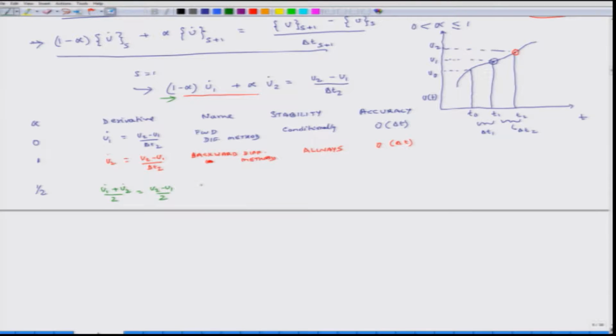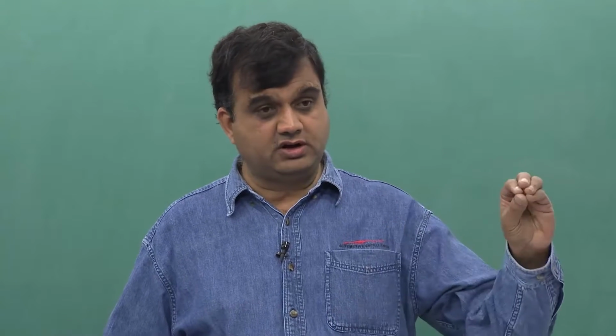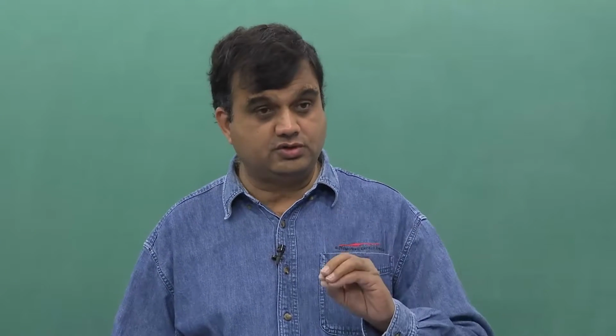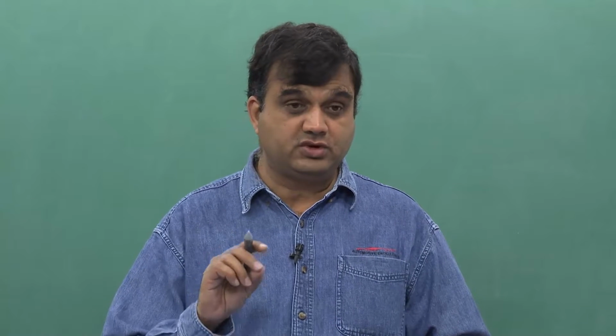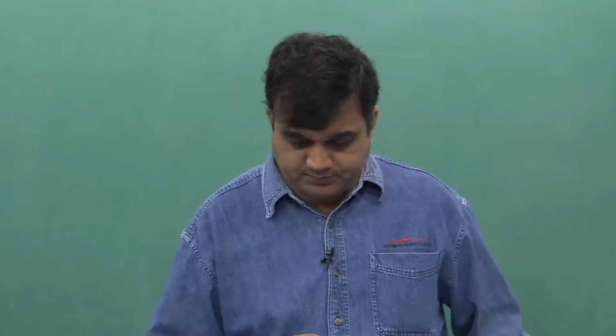This method is known as the Crank-Nicolson method. So, there are different methods for calculating derivatives. In each, I am taking the same difference u2 minus u1, but in one case I call it u1 dot, in another case u2 dot, and in the third case u1 dot plus u2 dot divided by 2.